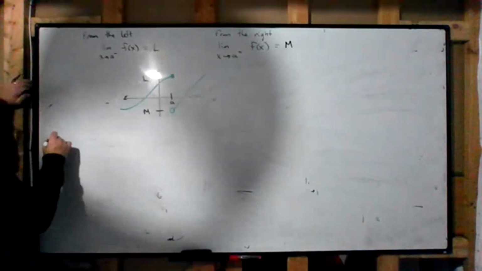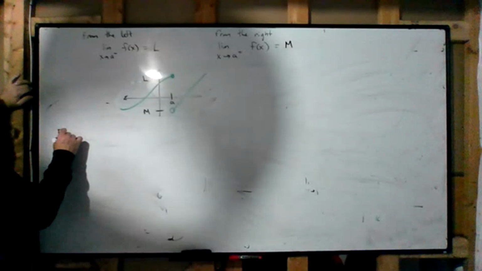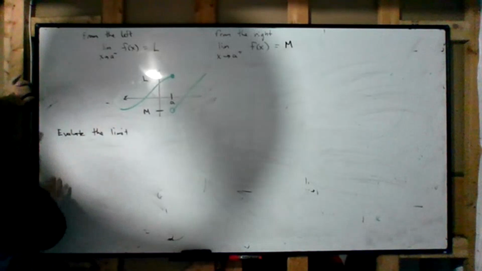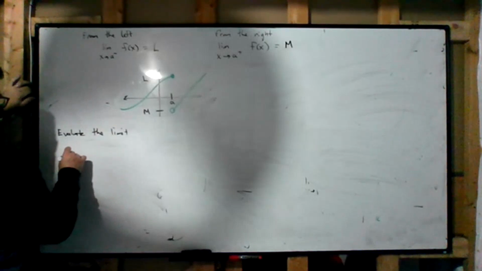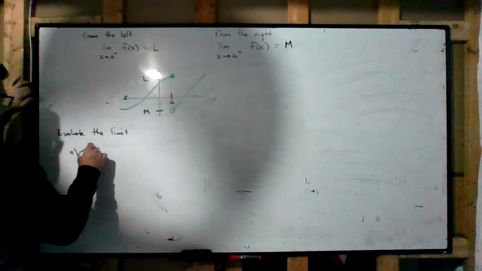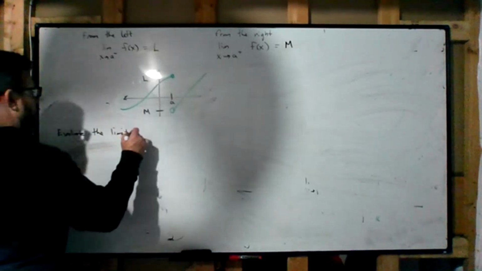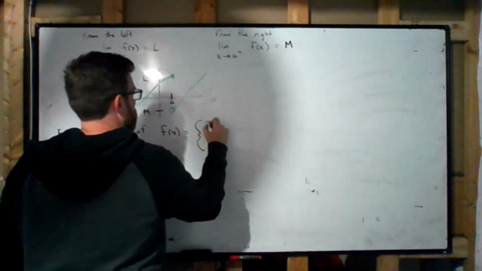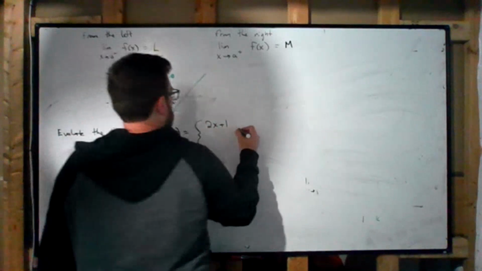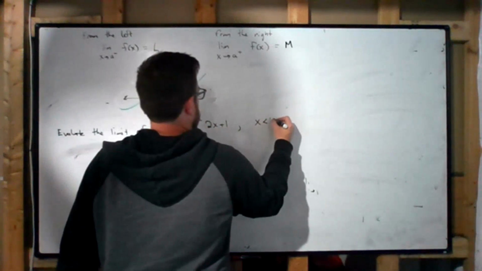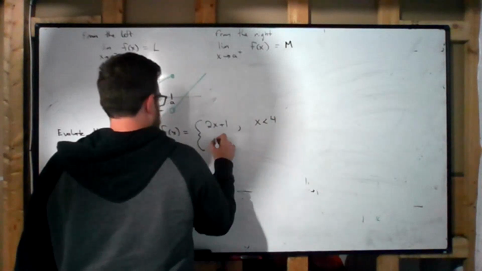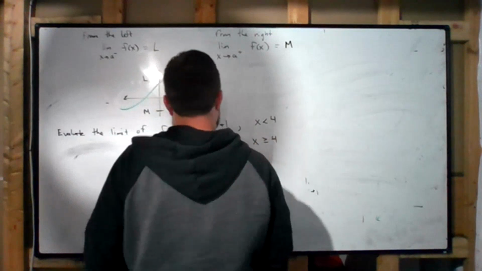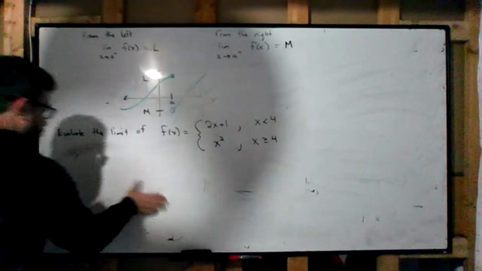So if I ask us to evaluate the limit of this, f of x is equal to, and we can do this as a piecewise, it'd be like 2x plus 1 when x is less than 4, and it could be x squared when x is greater than or equal to 4.